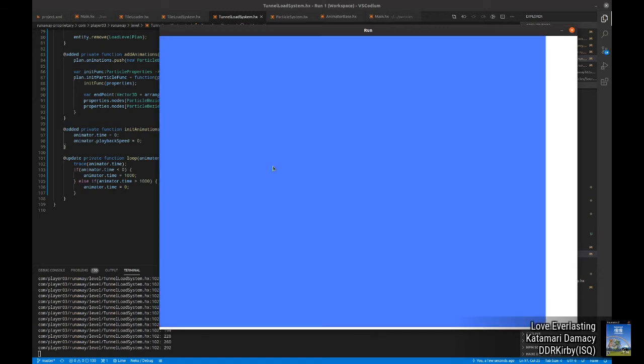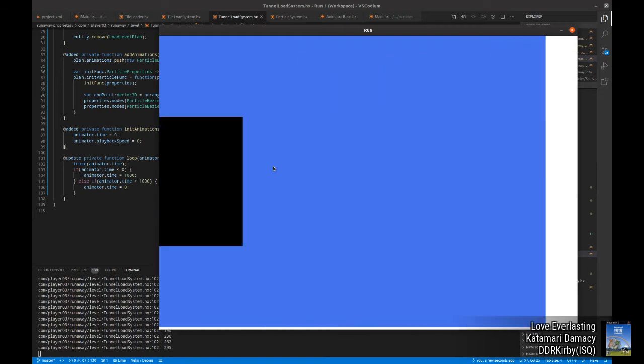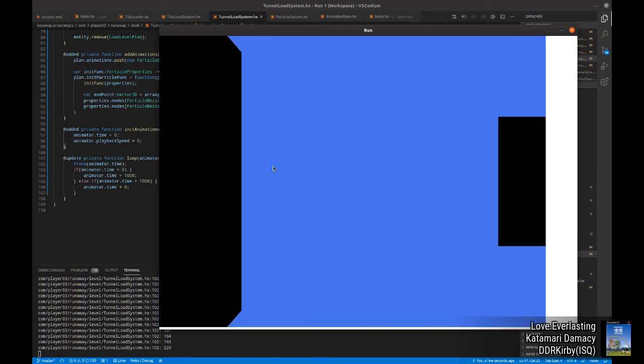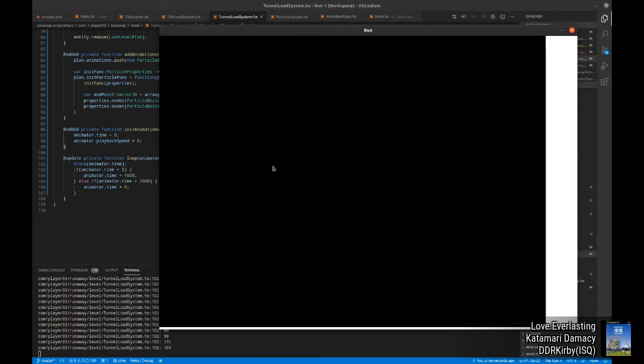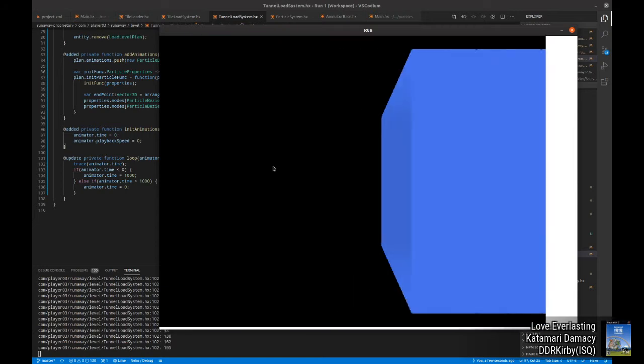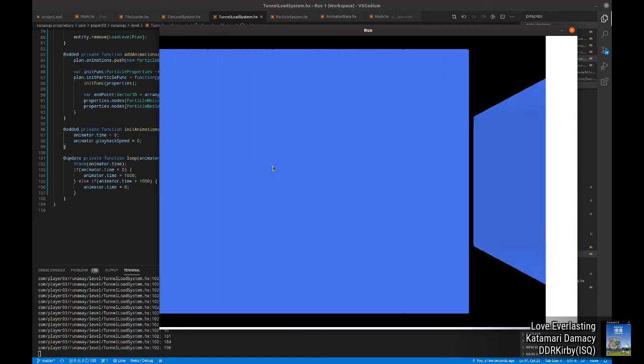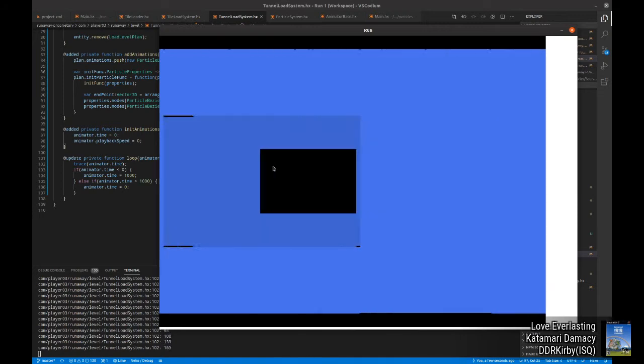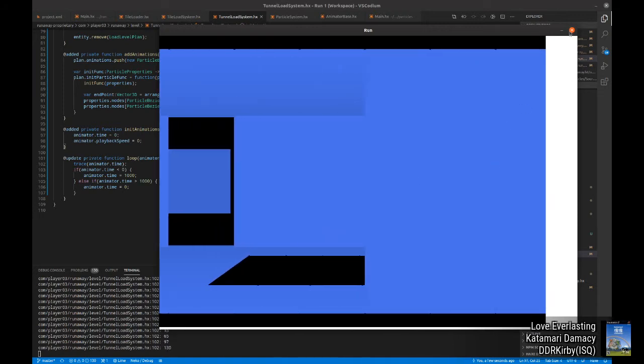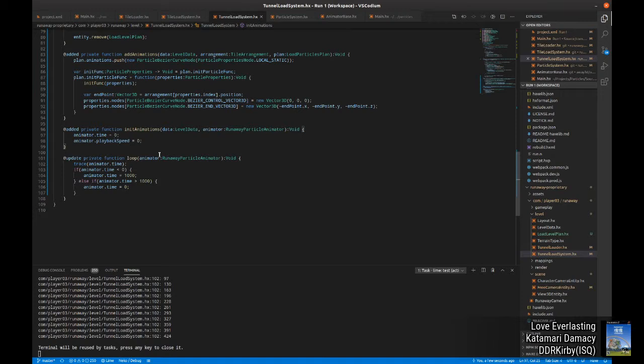I'm pretty sure I can plop a character down in there, and the camera would be all messed up, but the character would be fine running. Anyway.